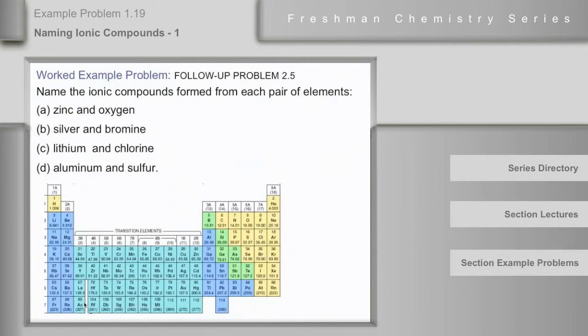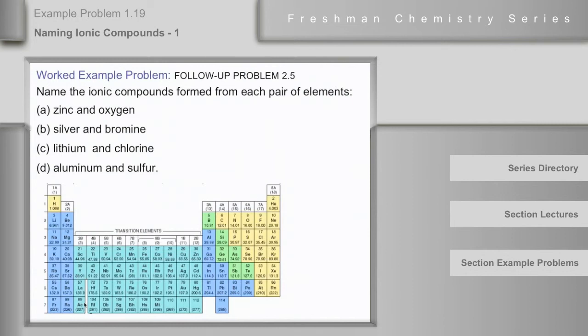In this problem, we will consider the process by which we can assign names to ionic compounds. The rules involve basic understanding of what an ionic compound consists of. If you will recall, ionic compounds, at least the ones that consist of only two elements, typically consist of a metal and a non-metal.